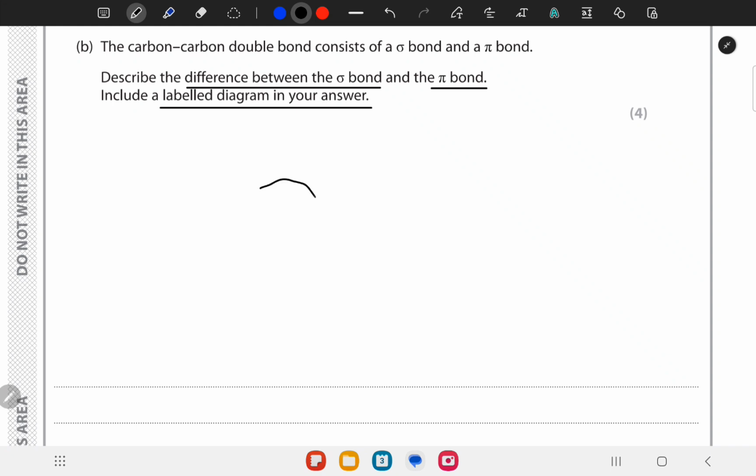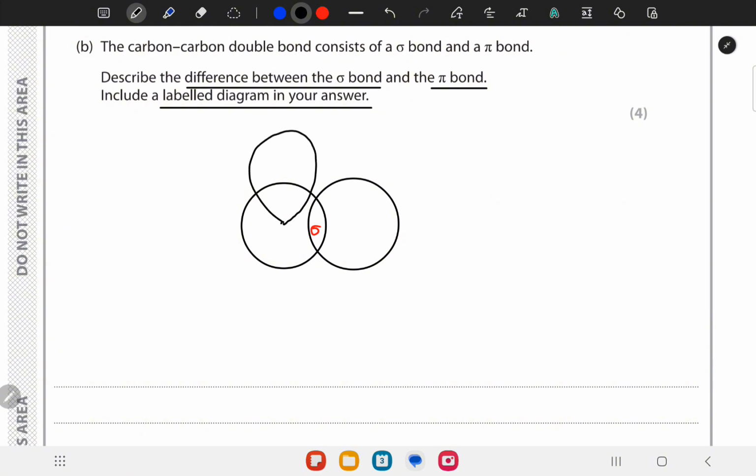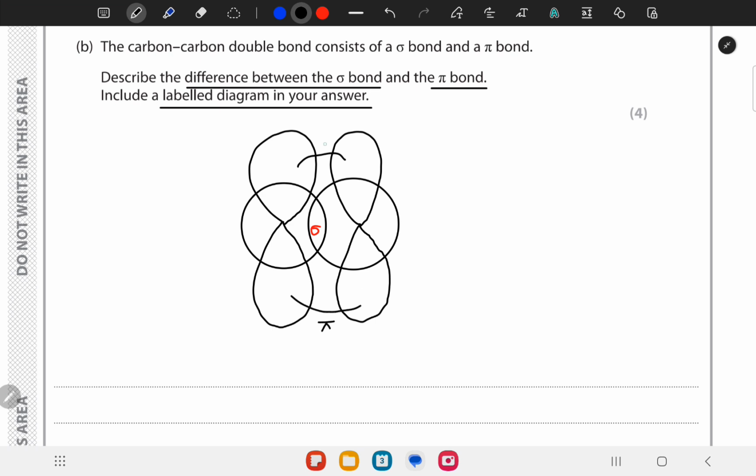A sigma bond is caused by the S shell, so this is the sigma bond over here, and for the pi bond we'll have the py shells, the bond between this, this is the pi bond over here.